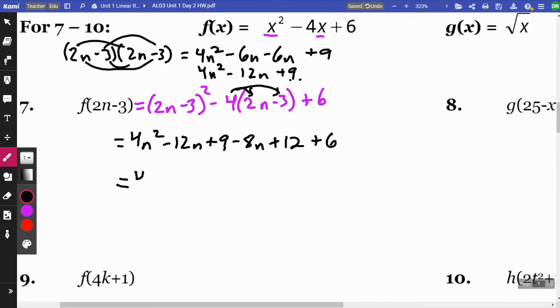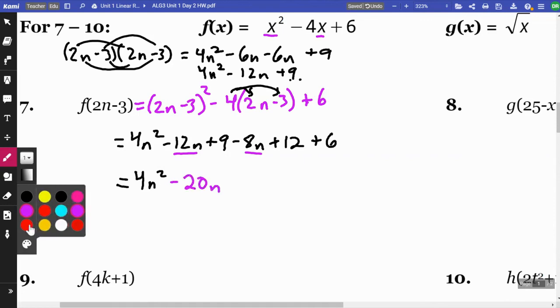So combining like terms, there are no other n squareds, so 4n squared, good. There are a couple n's, and so these guys can be added together. So negative 20n, and then you have 3 of those without an n.